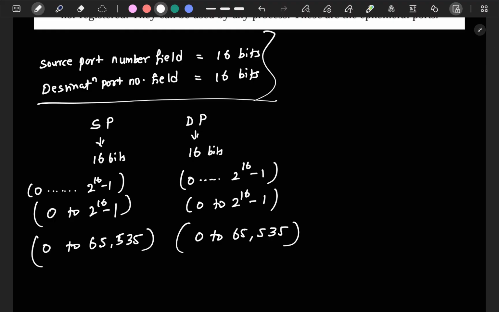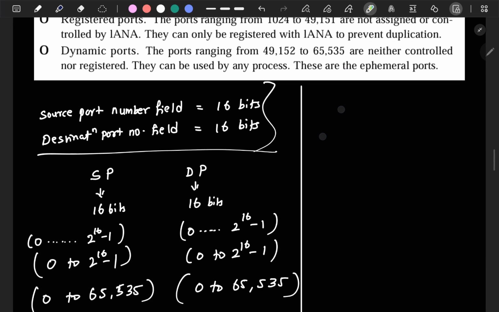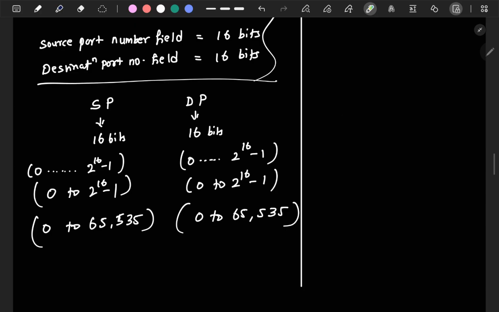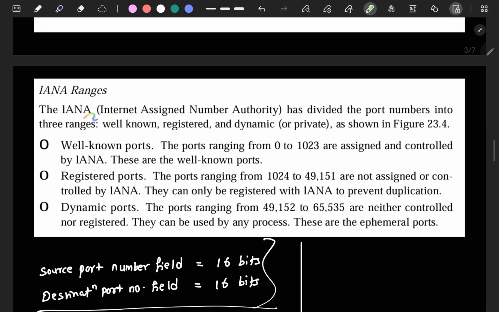See, you cannot directly pick any port number, and I will show you there is some category. All these port numbers are controlled by one authority called IANA.